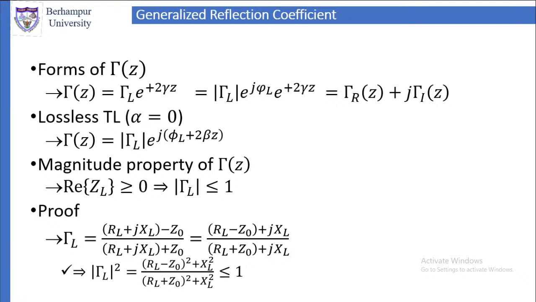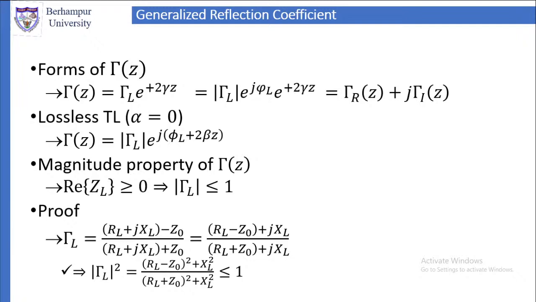So that also you can write, since gamma Z is a complex number, we can write it in the form x plus jy. Here we will write the real part of gamma Z as gamma rz plus the imaginary part of gamma Z as j gamma iz. So this is how we can write. Now if we have a lossless transmission line, alpha is equal to 0. You know, gamma is equal to alpha plus j beta, and alpha is equal to 0.